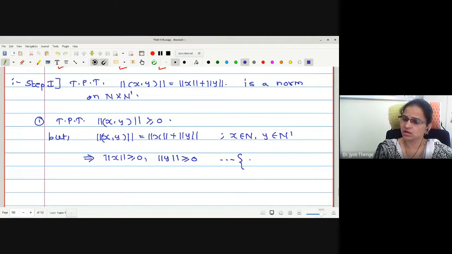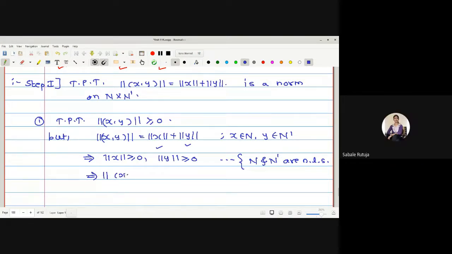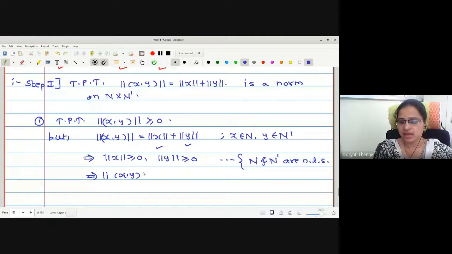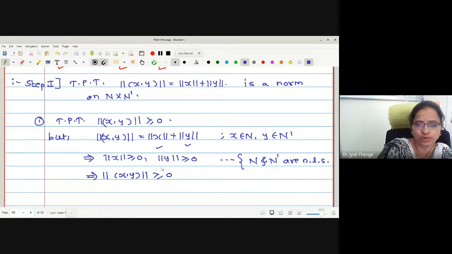The reason is that N and N dash are themselves normed linear spaces. If the two terms are non-negative, what about their addition? Non-negative. Therefore, norm of xy is non-negative. The first condition we have proved very easily. Let me go for the second condition.